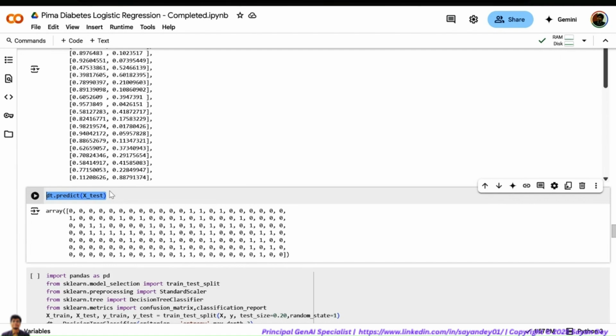If you're trying to solve real business cases, you will write your own custom if conditional statements for the prediction. But in Scikit-learn, if you're using predict, what will it do behind the scenes? It will use the 50% threshold. So it is going to compare with the 50% threshold. If the probability is more than 50, it is diabetic. Else, if it is less than 50, it is not diabetic. This is what it will do behind the scenes.